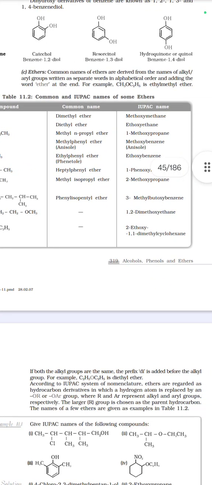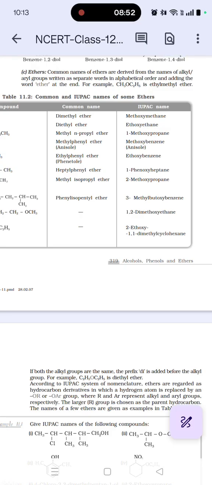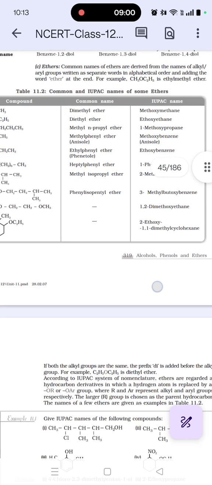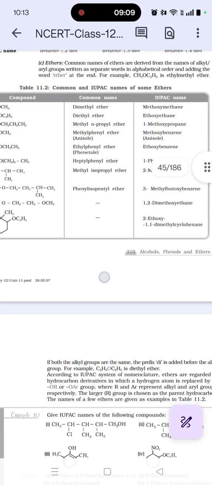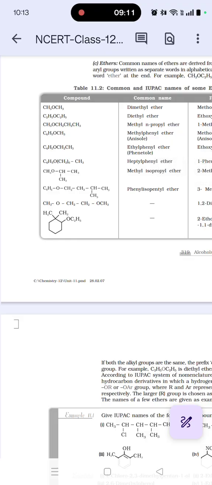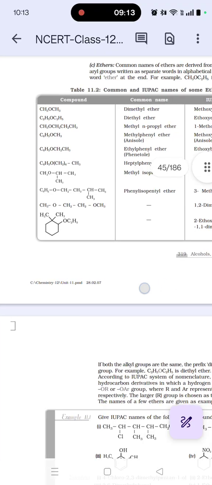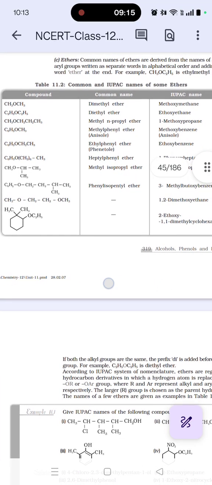Ether. Common names of ethers are derived from the names of the alkyl or aryl groups as separate words in alphabetical order, adding the word ether at the end. For example, CH3OC2H5 is ethyl methyl ether. CH3OCH3 is dimethyl ether, methoxymethane. C2H5OC2H5 is diethyl ether, ethoxyethane.